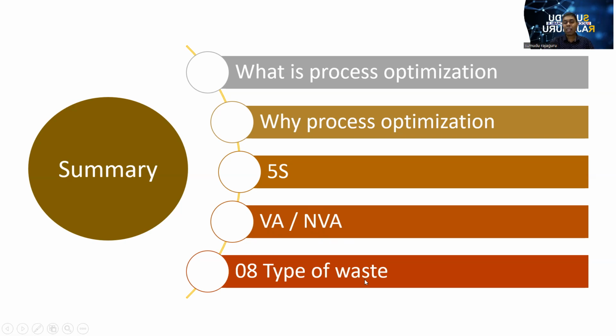Eliminating and reducing 8 types of waste is also a simple concept under the process optimization. So I think now you may have some idea how to optimize processes with the simple tools, 5S, value adding, non-value adding, and 8 types of waste.